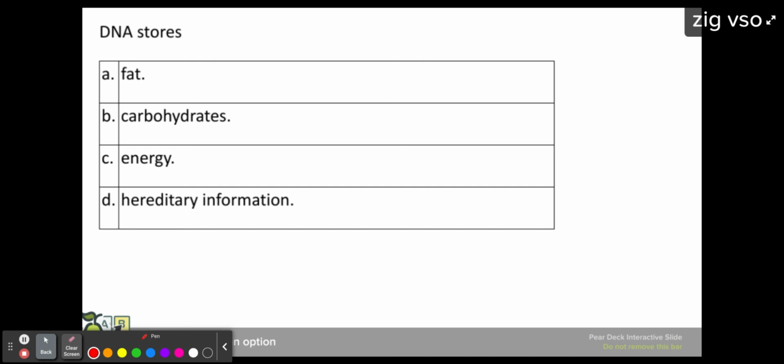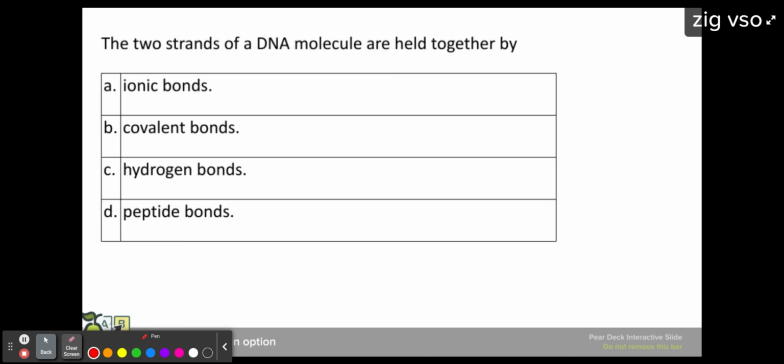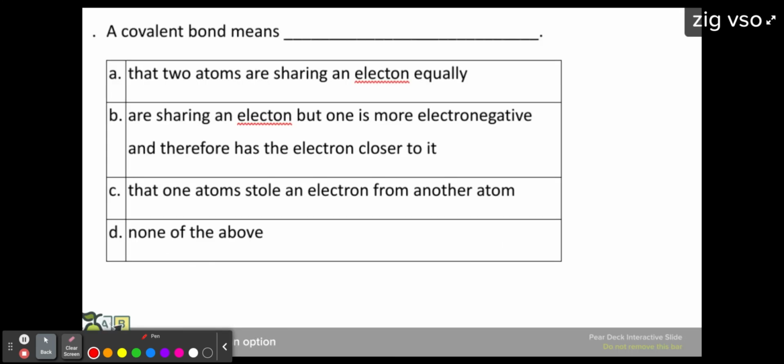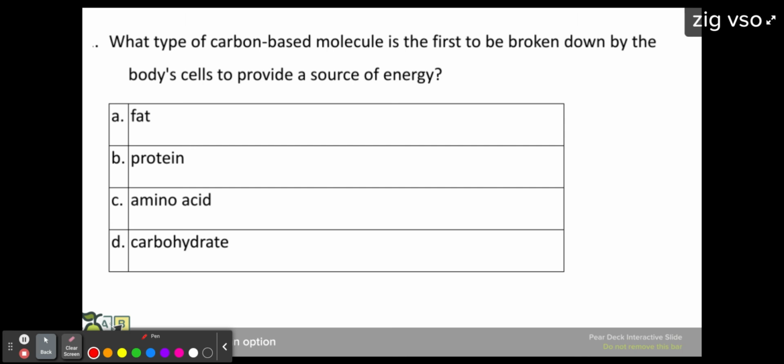DNA stores... The two strands of a DNA molecule are held together by... What type of carbon-based molecule is the first to be broken down by the body's cells to provide a source of energy? Think cell respiration.